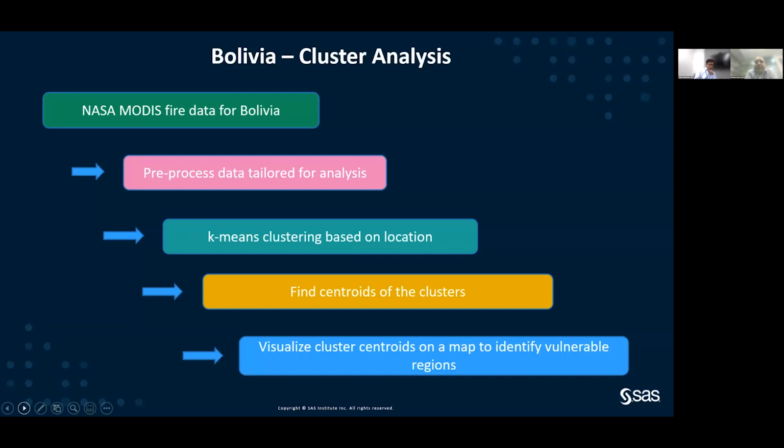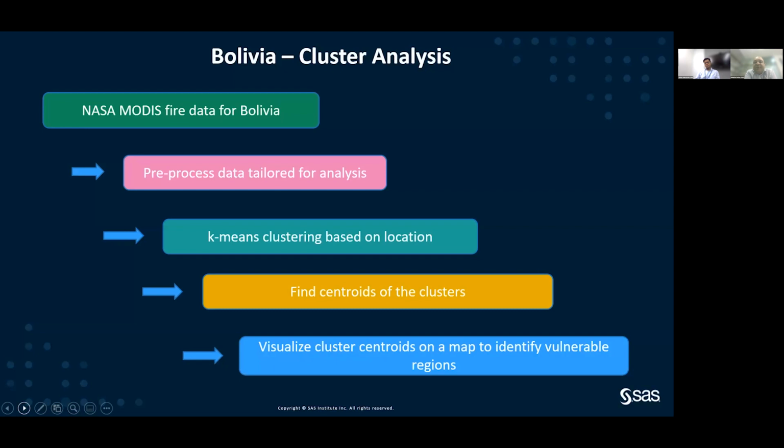So once we processed the data, the next step was we did the k-means clustering, which was done based on locations. And k-means clustering is a very popular machine learning algorithm, which can create partitions in your data based on the patterns. So that's what we used.